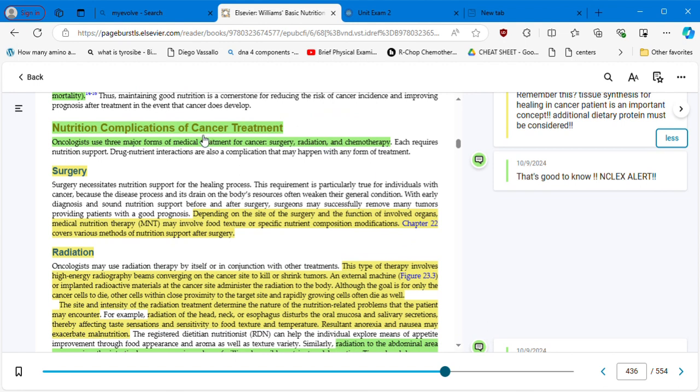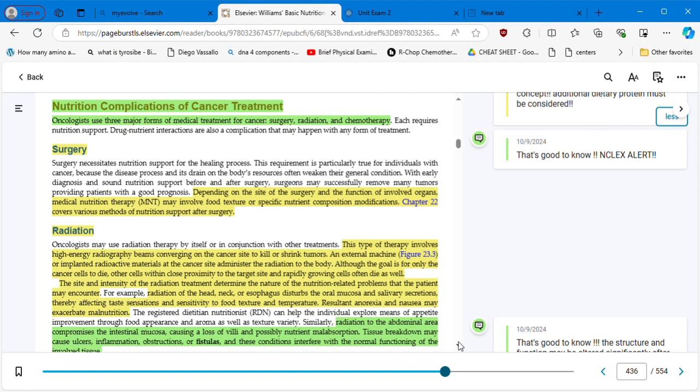Nutrition complications of cancer treatment. Oncologists use three major forms of medical treatment for cancer: surgery, radiation, and chemotherapy. So we have surgery, right? Depending on the site of the surgery and the function of involved organs, medical nutrition therapy may involve food texture or specific nutrient composition modifications.